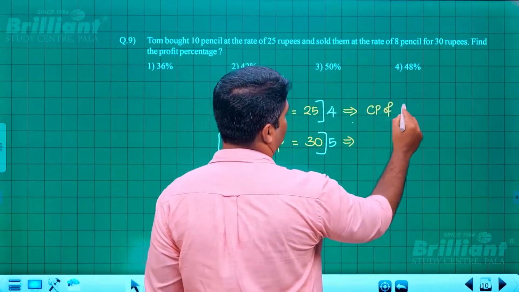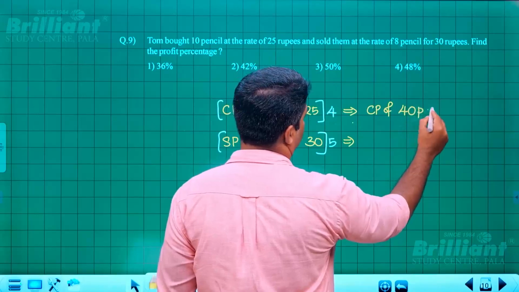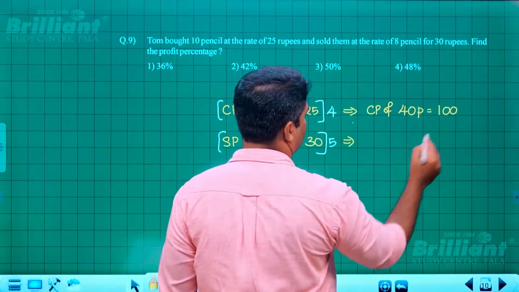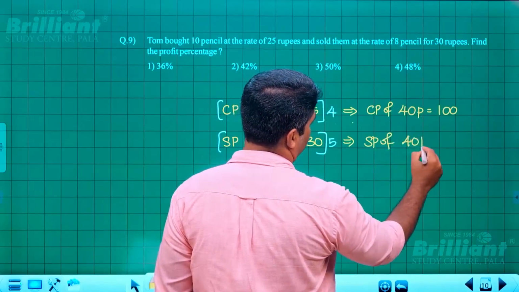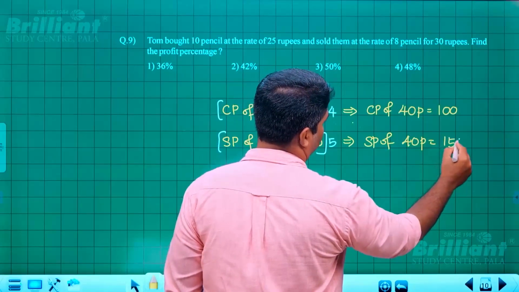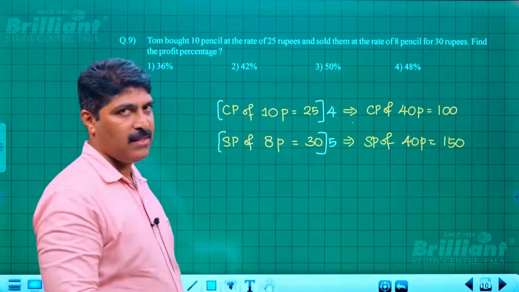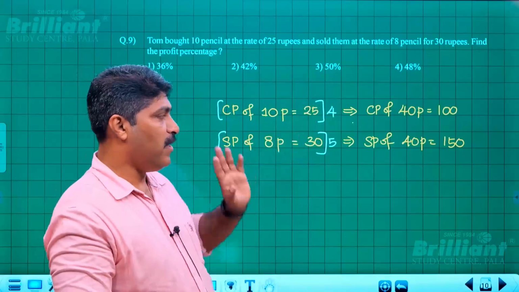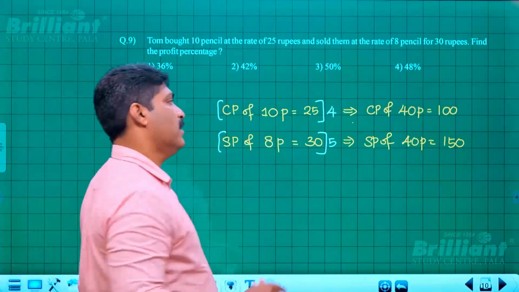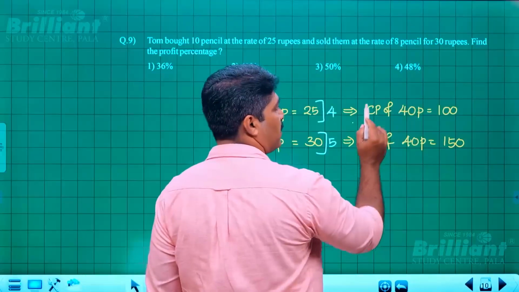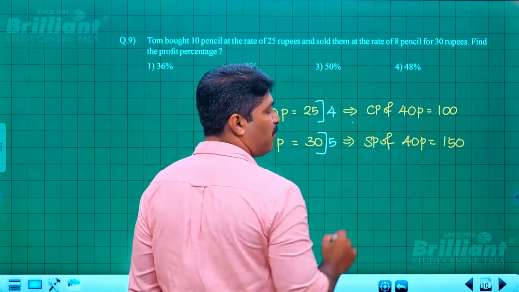Cost price of 40 pens, so that is 100. Selling price of 40 pens, so that is 150. So in this way we can consider. So for 40 pens, both the values are equal. So you just observe this 100 as cost price and the selling price is 150.